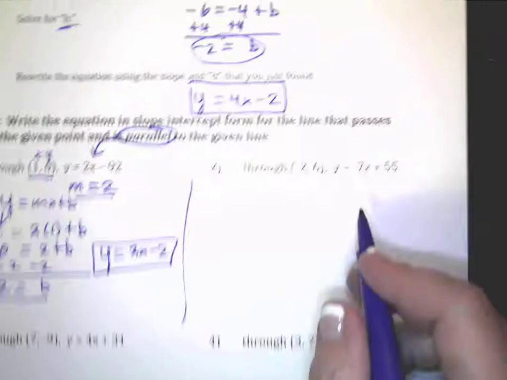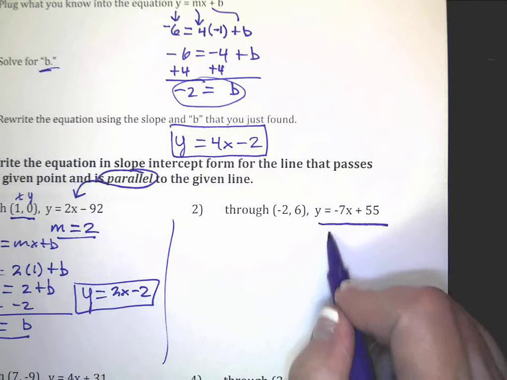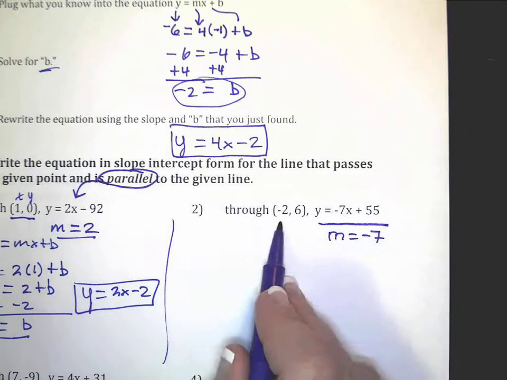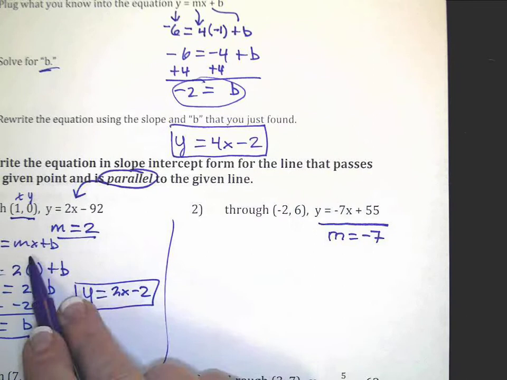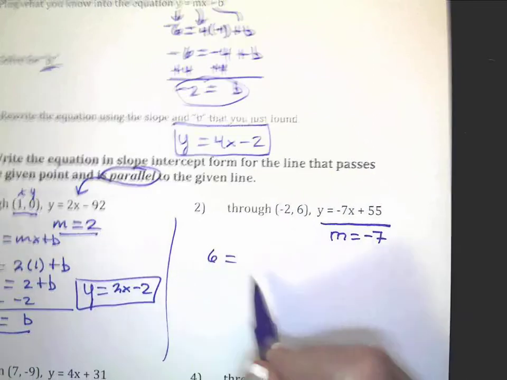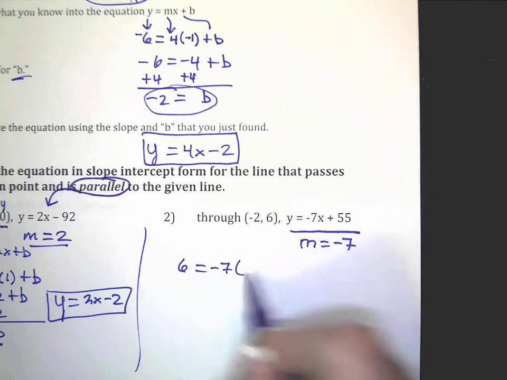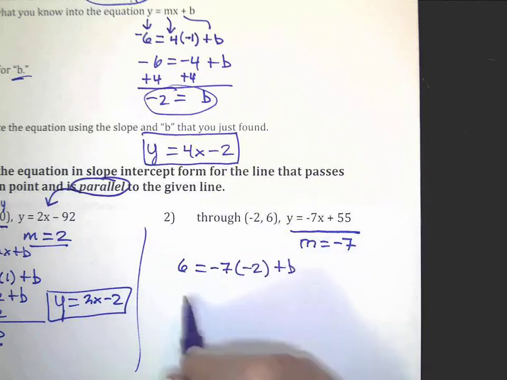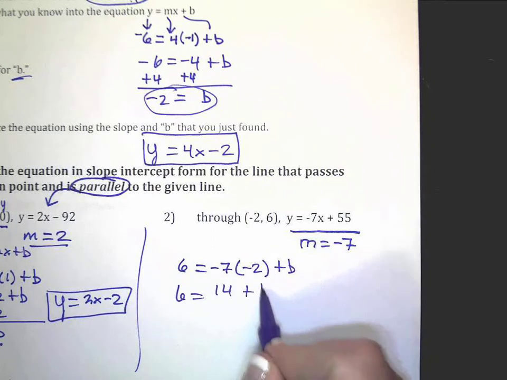Okay, number 2. This given line has a slope of -7, so we'll use that slope and this coordinate, substituting into y equals mx plus b. We get 6 equals our slope of -7 times x, which is -2 plus b, multiplying -7 and -2 to get 14.